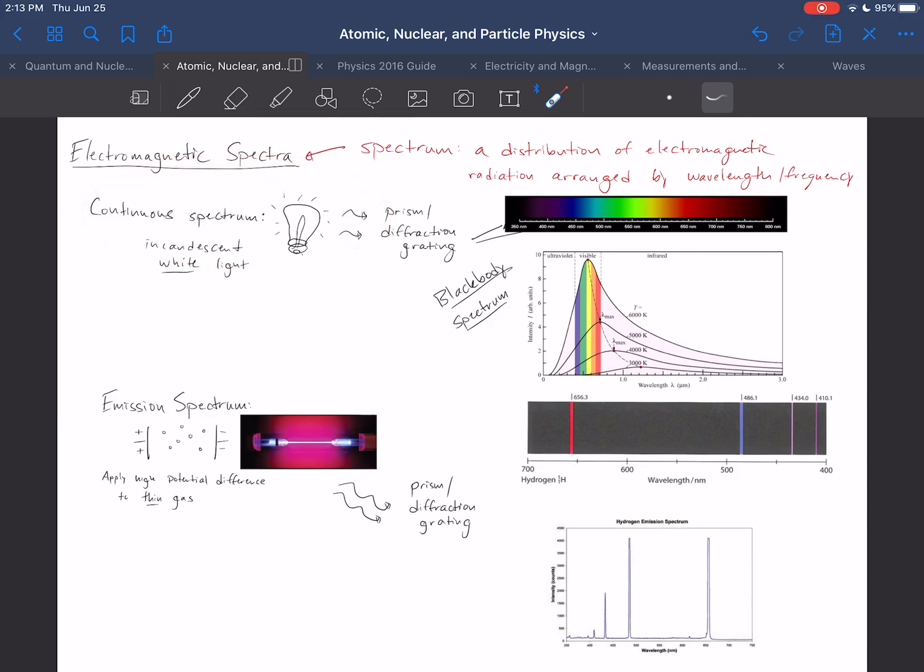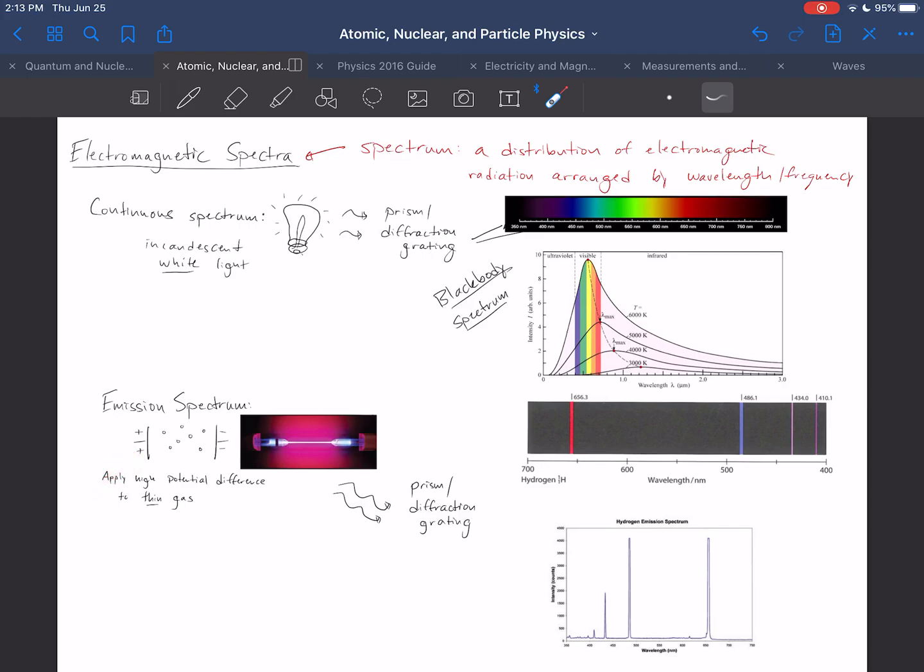Okay, so given that, as it turns out, there are ways of producing light that give us non-continuous spectra. And we'll tackle the first kinds of those first. So if you take a thin gas, that is a gas that is not very dense, think of helium gas or neon, there are a whole bunch of different kinds of gas, and you apply a very, very high potential difference to it using a set of parallel plates.